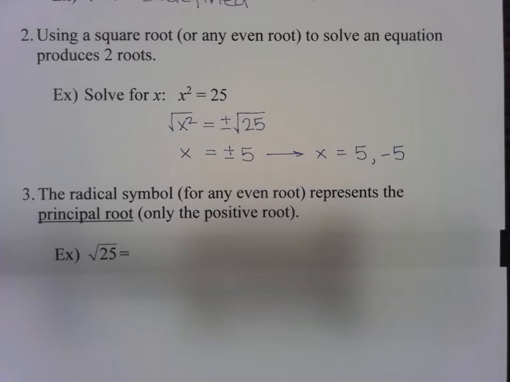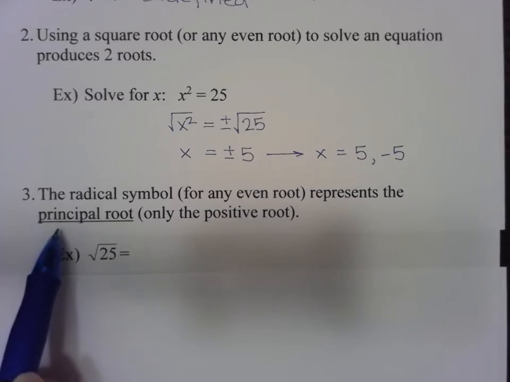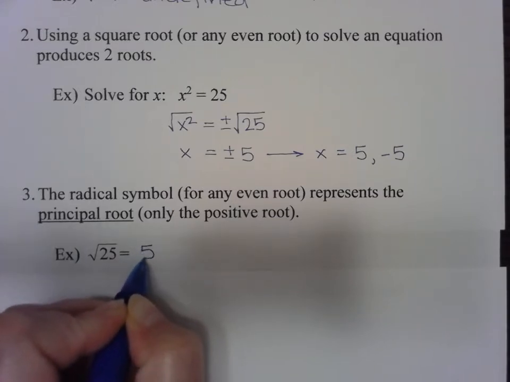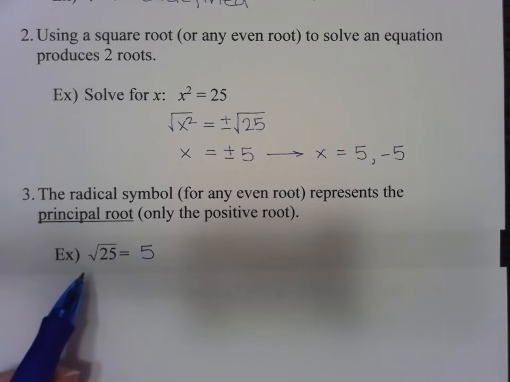Usually we just say 5. So that's kind of customary, and that's called the principal root. We don't usually say both 5 and negative 5, we usually just say 5. So if the square root is already in the problem, with no extra things in front of it, it's assumed to be the positive root.